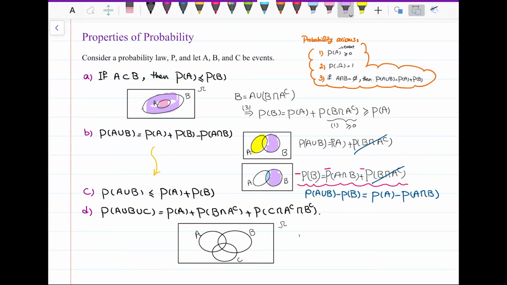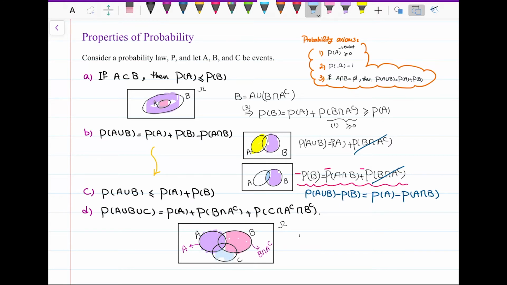So I'm gonna write A union B union C as the set A. You see, the set A would be here. Okay. And then I'm gonna include this one, which is, so this is A. This is all the elements of B that are not in A. So it would be B intersection with AC.